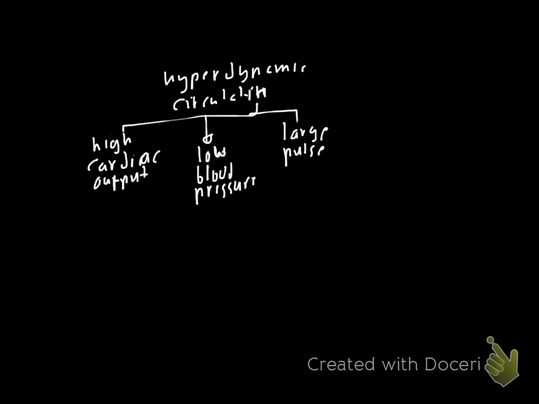So this is hyperdynamic circulation. Okay, I just forgot: flushed extremities is one of the things in hyperdynamic circulation. Okay, you will see a red face or extremities, for example.